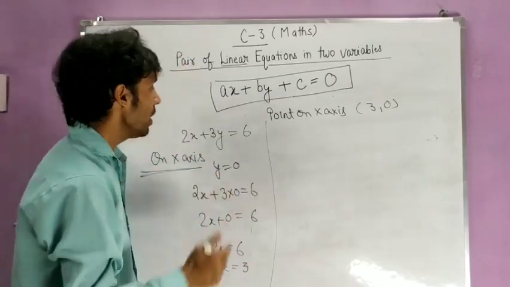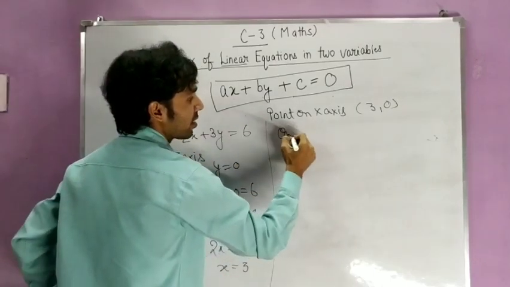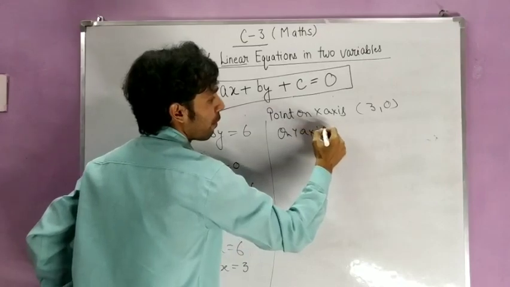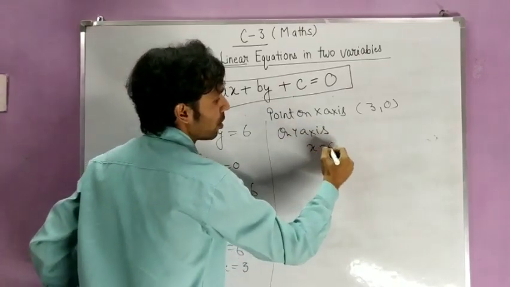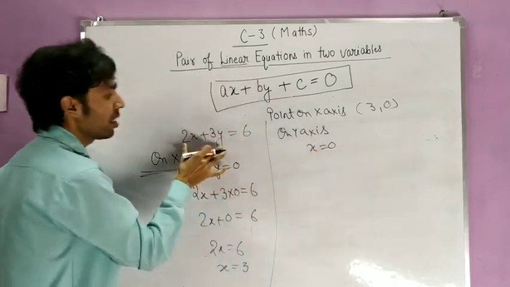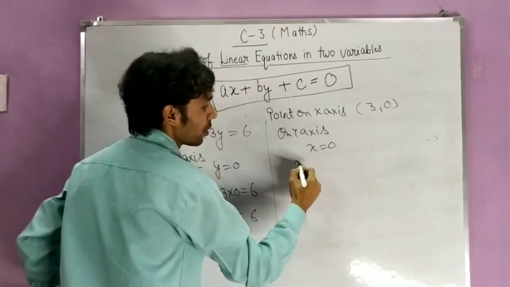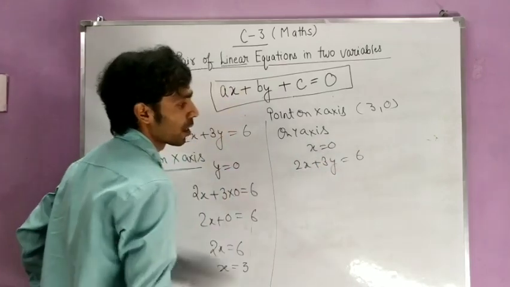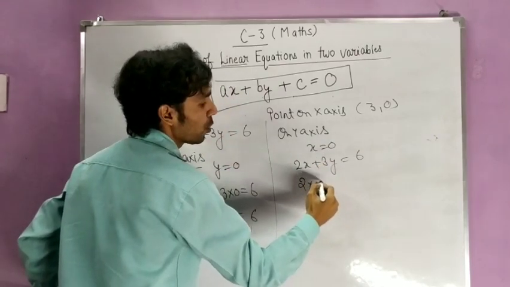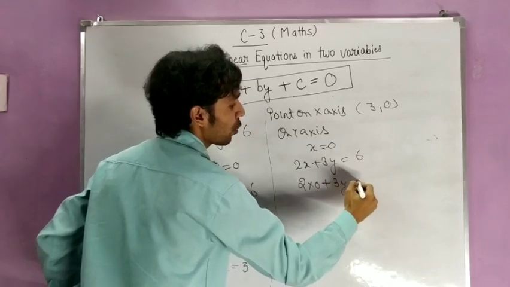Okay, similarly on the y-axis, what is 0? On the y-axis x is 0. So again put this value in this equation, so you will get 2x plus 3y equal to 6. Now 2 into 0 plus 3y equal to 6.